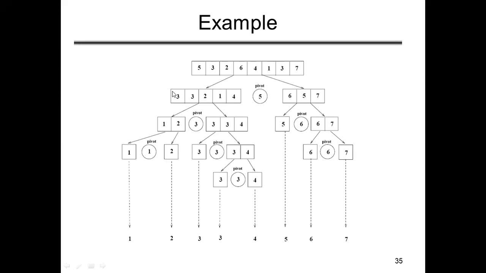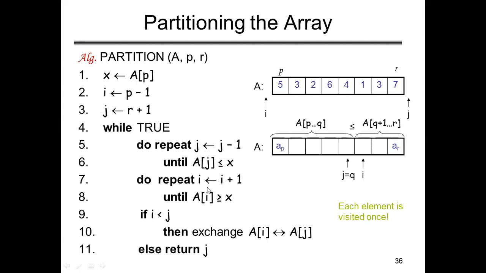So again consider this left subarray, treat the pivot element, and partition this array after swappings. Then you will get 3 as an element. All the elements less than 3 will come under the left subpart and all the elements greater than 3 will come under the right subpart. We perform the same process on the other part also. When you repeat the same process, you will get the sorted elements. So this is a recursive approach.